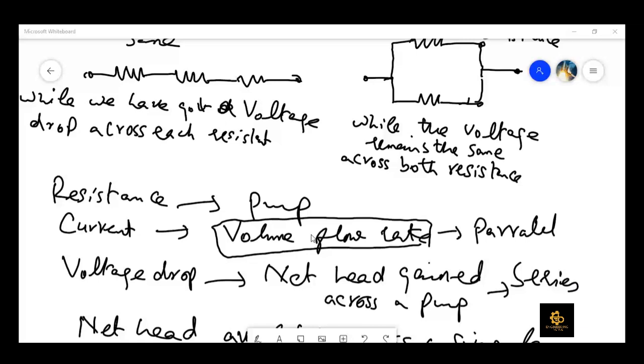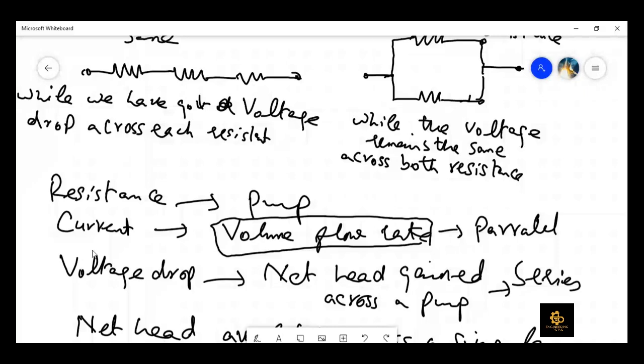So let me write it in a formal way. Now we are discussing the pump in series.